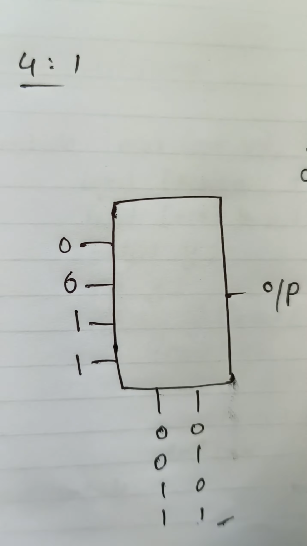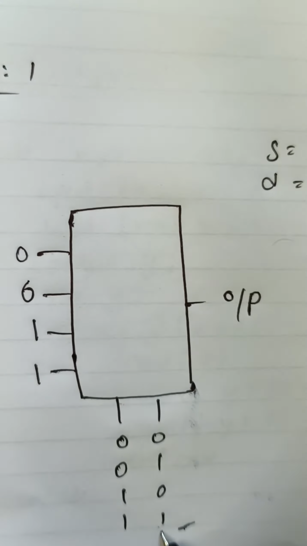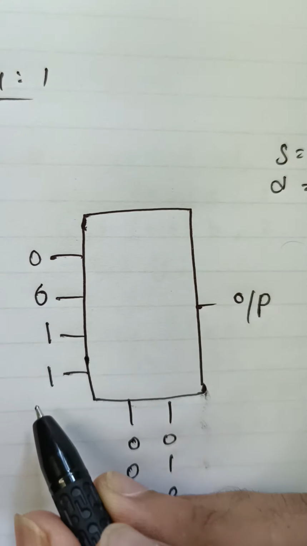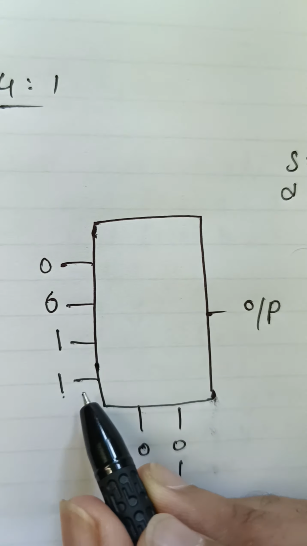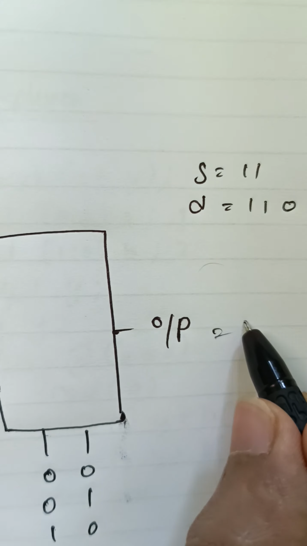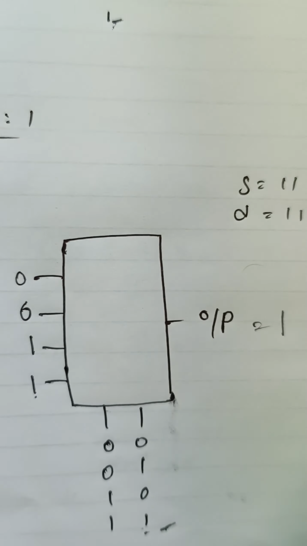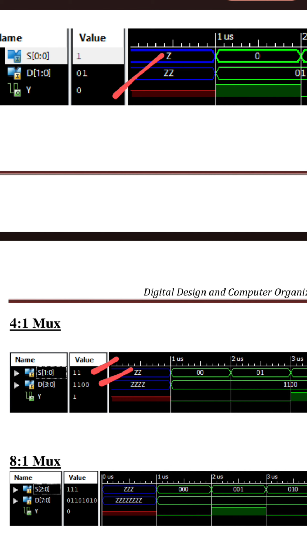If the select is 1, 1, then it takes this input as the output. Therefore the output is 1. Here also the given output is 1. Like this, the 8:1 multiplexer also works the same way. Then you will get 0 for these inputs.